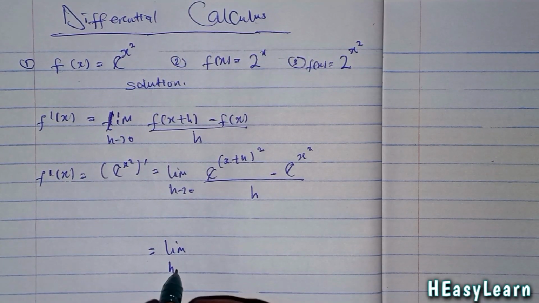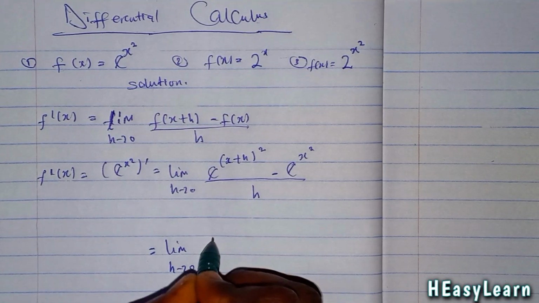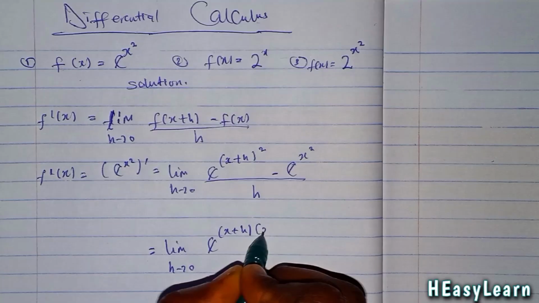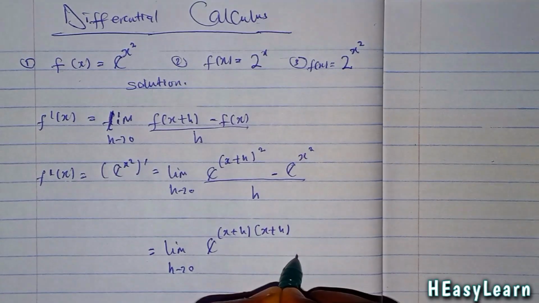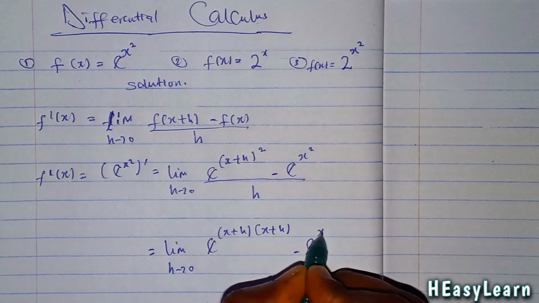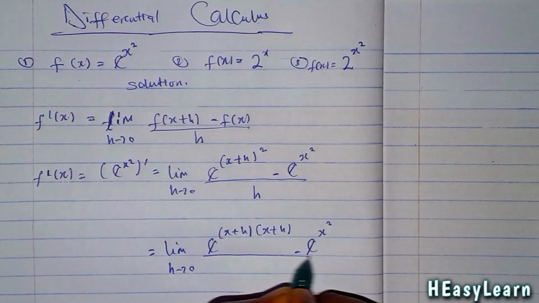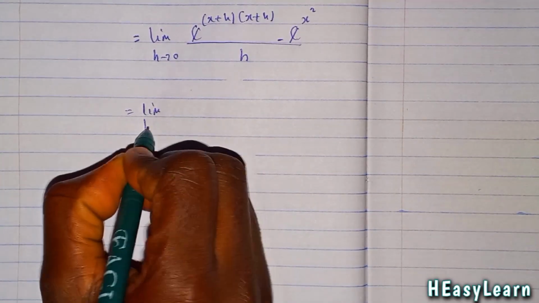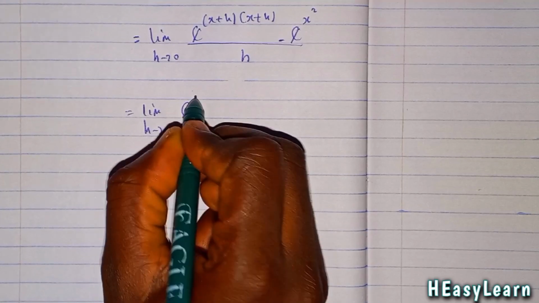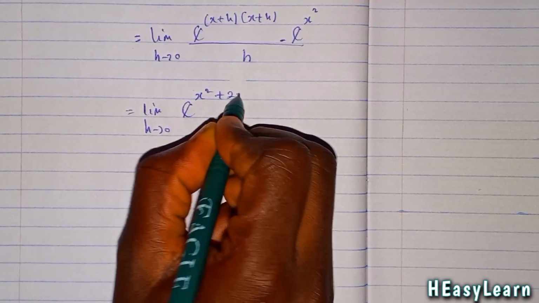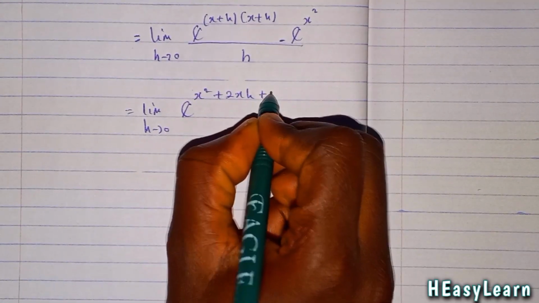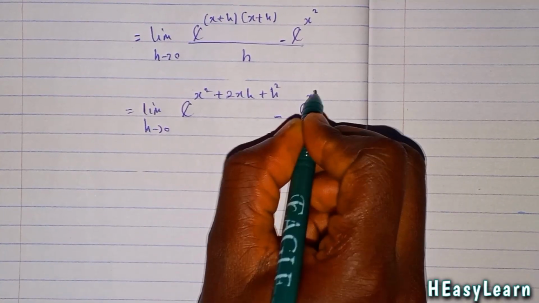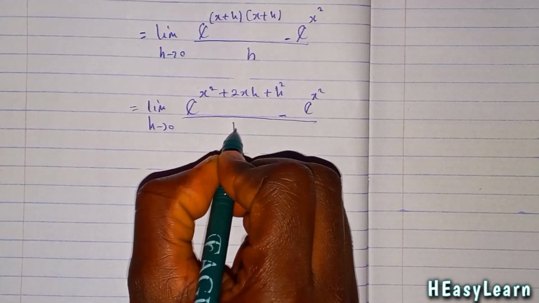This is the same thing as the limit as h approaches 0 of e to the power of (x plus h) squared minus e to the power of x squared over h. This is the same thing as the limit as h approaches 0 of e to the power of x squared plus 2xh plus h squared minus e to the power of x squared over h.